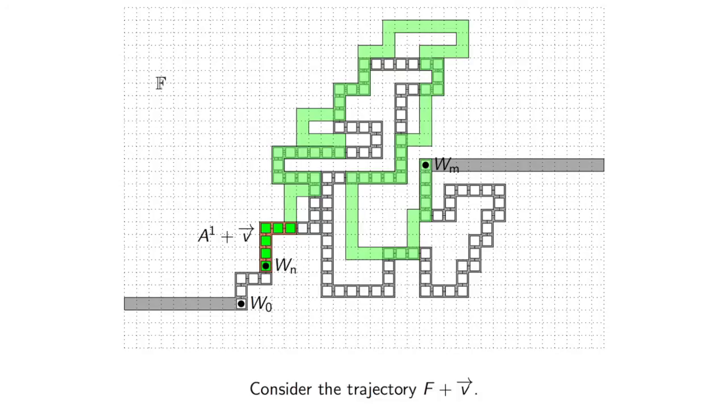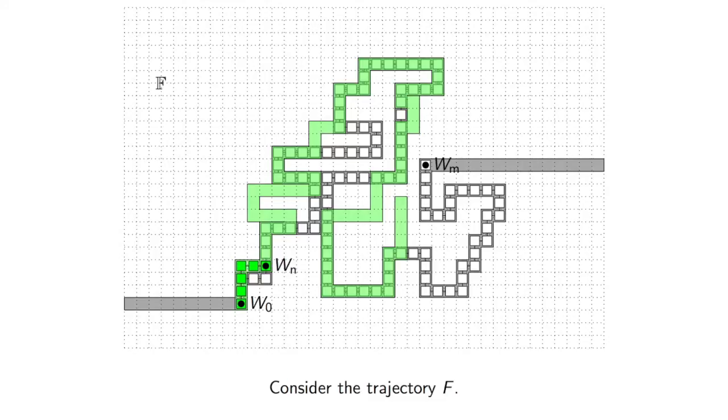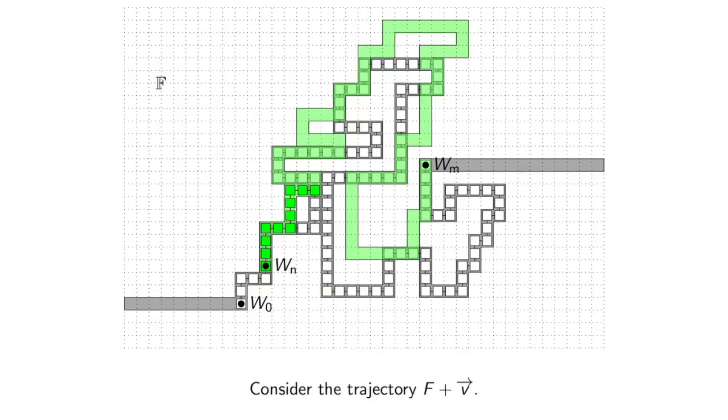Then the first tiles of the fork are the tiles of this red segment. Now consider the trajectory f again. Consider the dual segment D1. Now since the tile assembly system is deterministic, then the fork can be extended by adding the tiles of this blue segment. Consider the translation of the trajectory f by the vector v again, and let's keep doing these operations again.